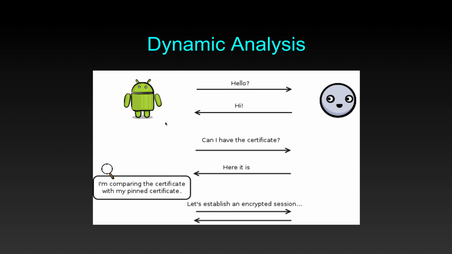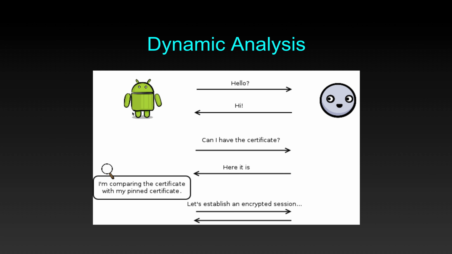As you can see, on the left is your mobile phone, your Android device. On the right-hand side is the server. Your Android phone is going to send a request which is hello to the server, and the server is going to reply with hi. So this is basically the hello and hi that happens between both of them.